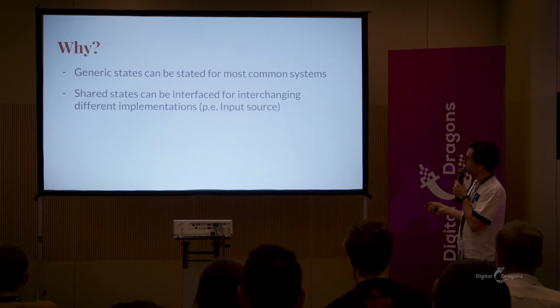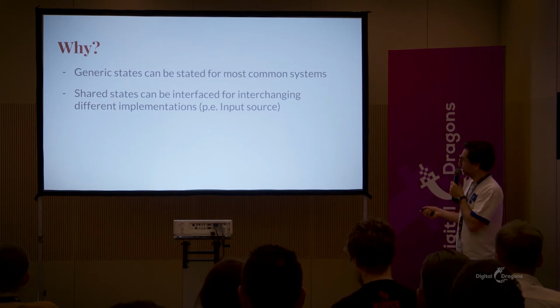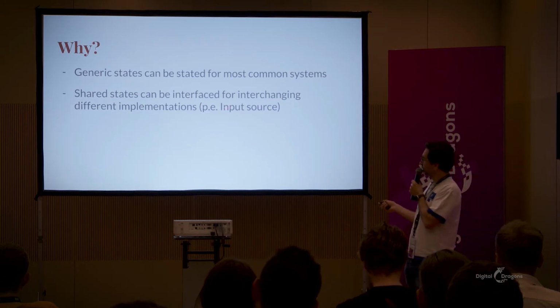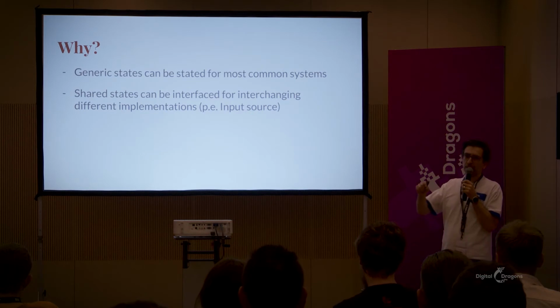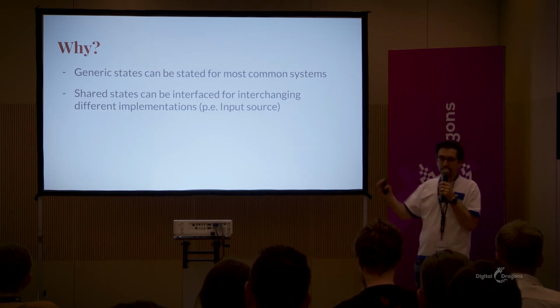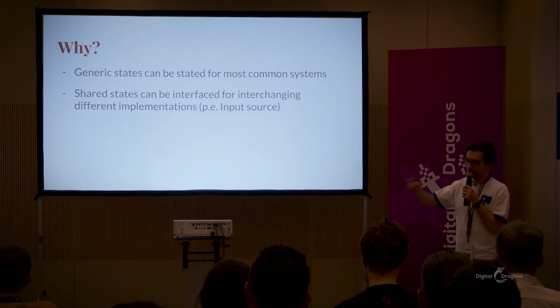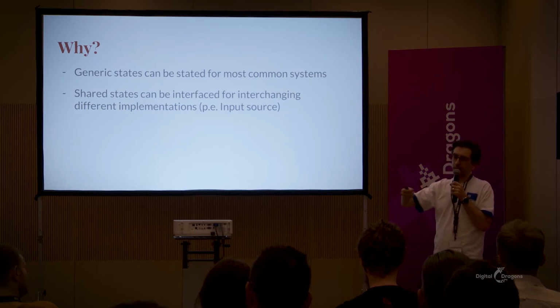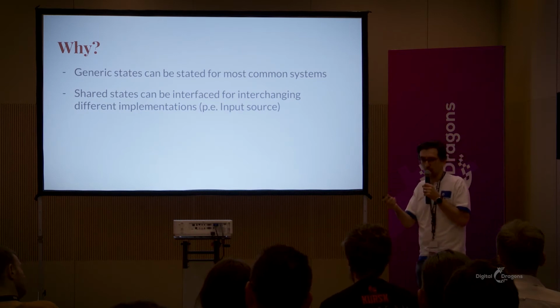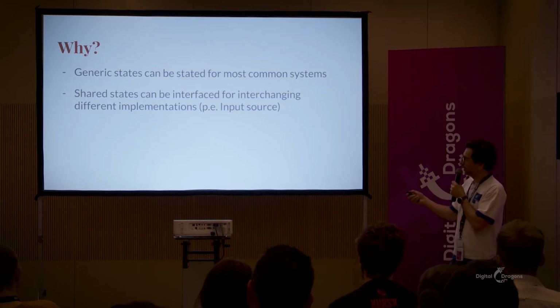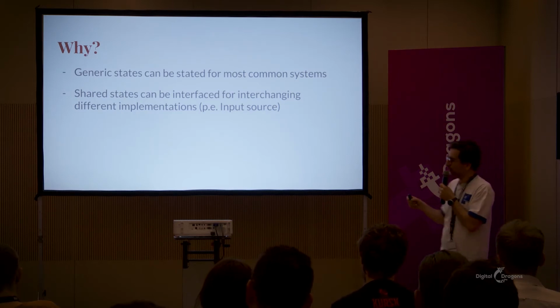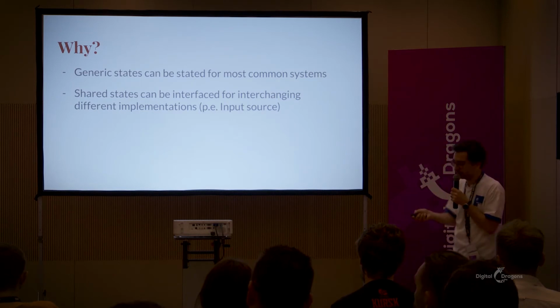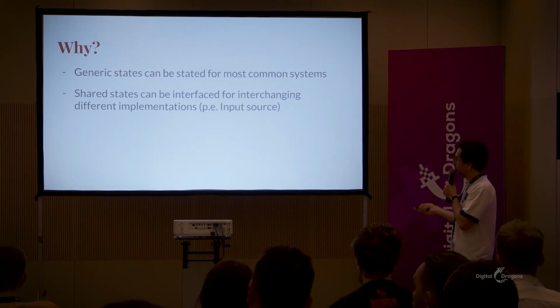Because generic states can be stated for most common systems, and shared states can be interfaced for interchanging different implementations. For example, input source. Using this state machine, we can easily change to use the keyboard for controlling the character in our game or some controller, for example, some console controller. And it can be changed easily if both of the input sources have the same state machine and implement the same interface.